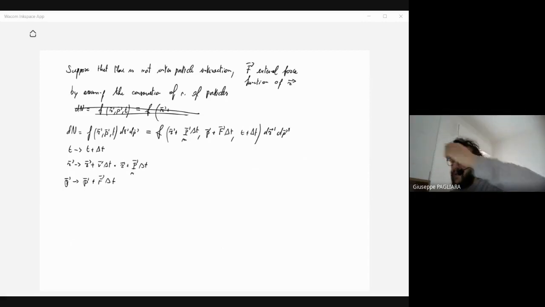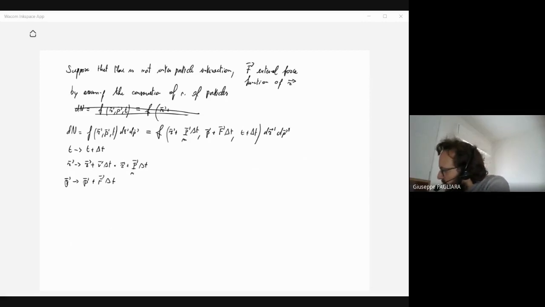I had dn particles at time t, and I impose that the same number of particles is preserved at a time t plus dt, whereas due to the running of time, the distribution now will depend on R plus P divided by M dt, P plus F dt, t plus dt, and also the volume in principle could change.